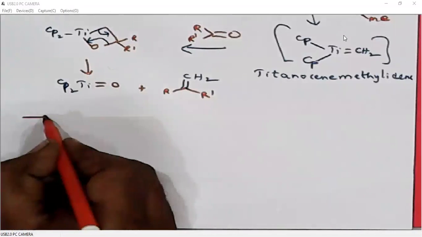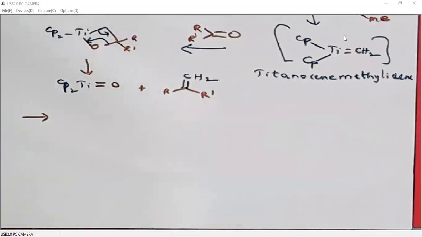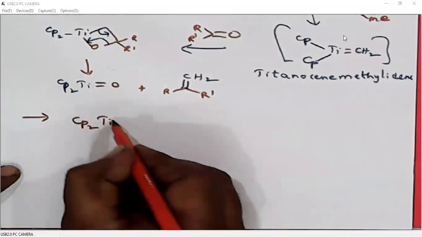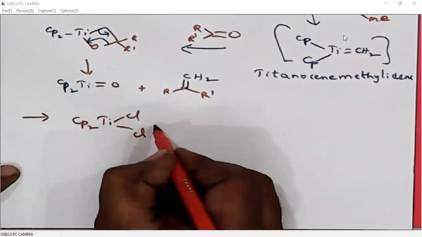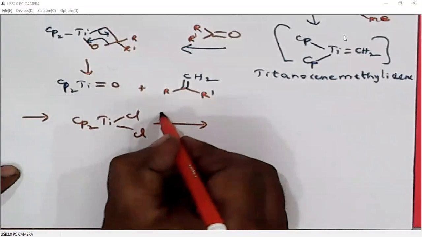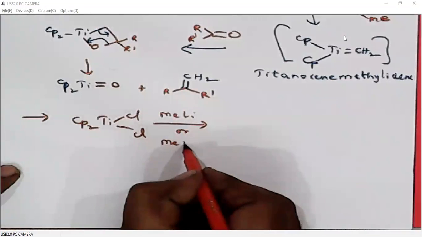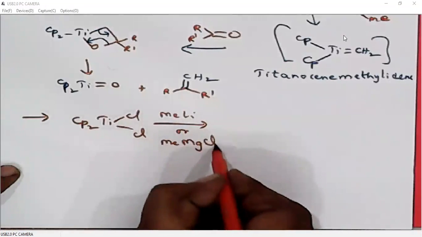So that is why a variety of carbonyls can be converted to alkene using Tebbe reagent. Tebbe reagent can also be generated from titanocene dichloride by treating with methyl lithium or methyl Grignard reagent.